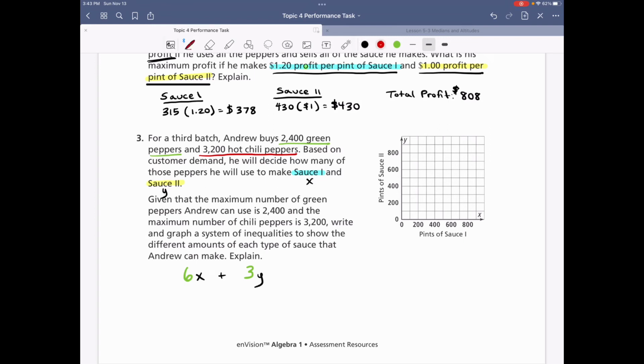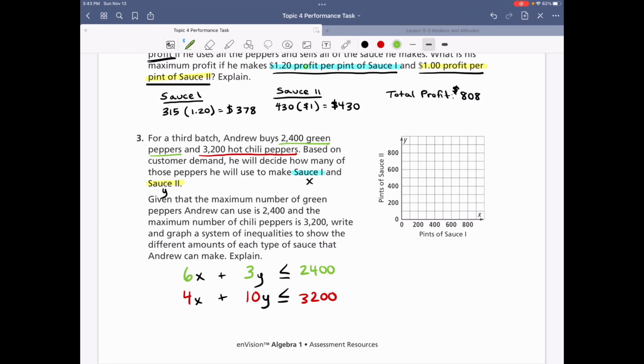And for the red peppers, he used 4 for sauce 1 and 10 for sauce 2 for the hot chili. And we want to use less than or equal to on both of these because he can't go above. And this is just coming from our problem. This is how many green peppers he bought and how many red peppers he bought.